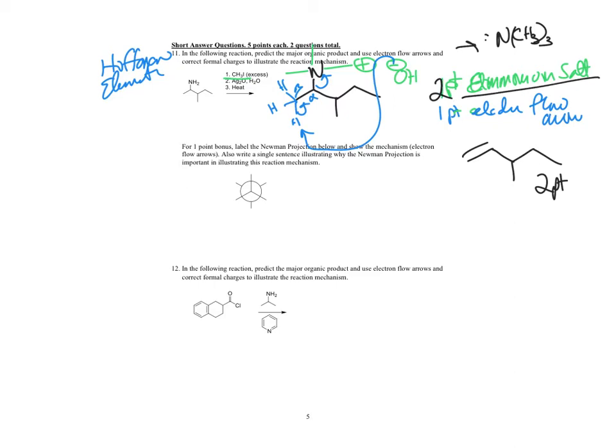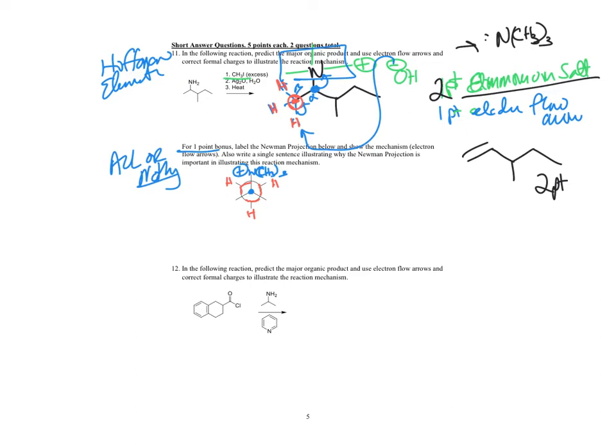So now for your bonus here, this is all or nothing. Okay, so you've got to label the Newman projection. I'm just going to go with this here being that alpha carbon. So I'm going to put my nitrogen on top, and then in the back, this would have to be the beta carbon here, and I'd have to show all my hydrogens here.